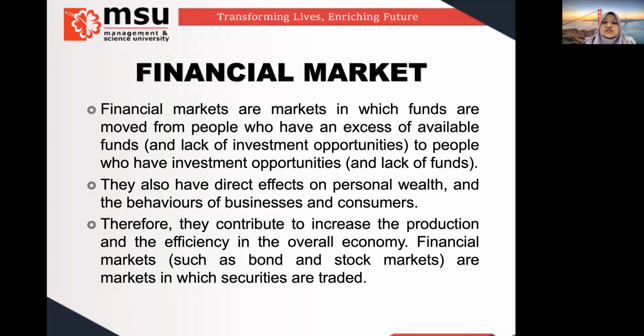Therefore, they contribute to increased production and efficiency in the overall economy. Financial markets such as bonds and stocks are markets where securities are being traded. Mostly, as individuals, the most famous securities being traded are bonds and stocks. There are also derivatives and T-bills, but only certain people are involved with this kind of trading.